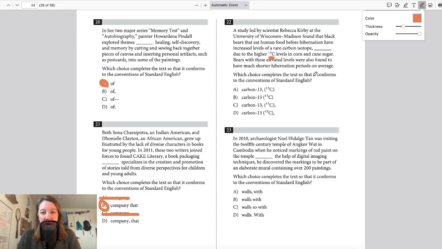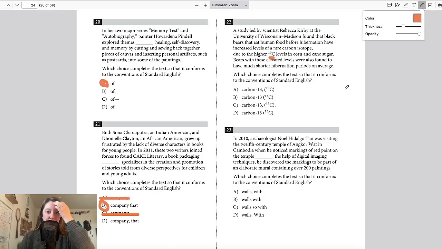Okay, so how we're going to show carbon-13 is we've got this comma right here, right, after isotope. So we know that carbon-13 is supposed to be kind of an aside from the rest of the sentence. It's supposed to tell us a little bit of information while still allowing the rest of the sentence to flow around it.